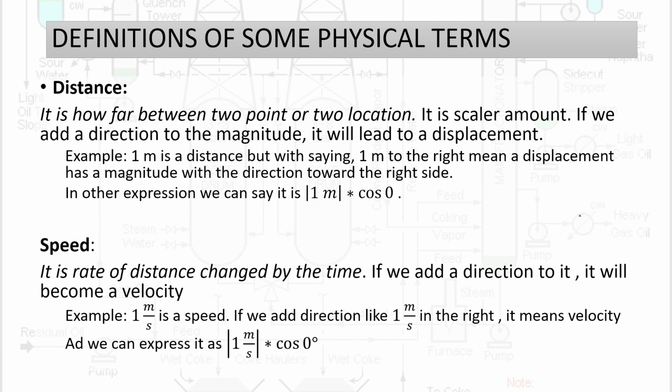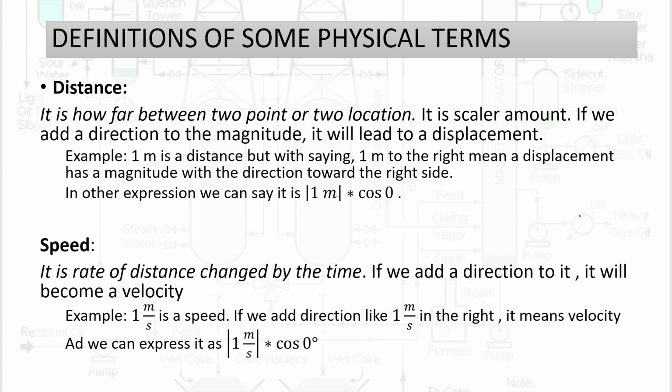Right. Now we go to the definition of distance. Distance, simply, is how far between 2 points or 2 locations. It is a scalar amount, but if we add a direction to this magnitude, it gives us a new terminology. We call it displacement.